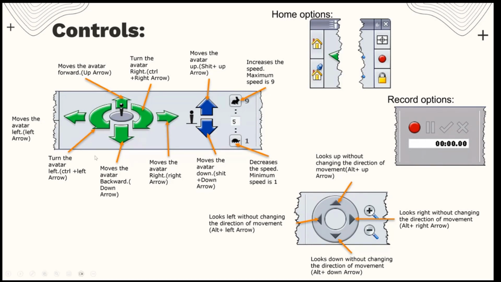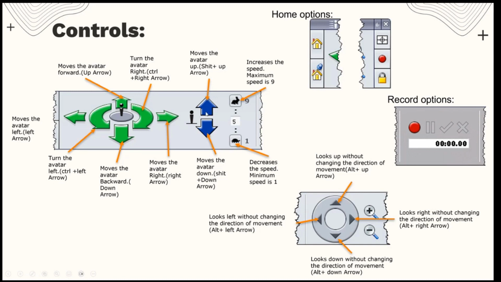So here, the first image indicates motion controls, in which this up arrow moves forward, down arrow moves backward, and this turn left and turn right, one is rotating anti-clockwise and another is rotating clockwise. And coming to these blue up and down arrows, they indicate moving up and down.